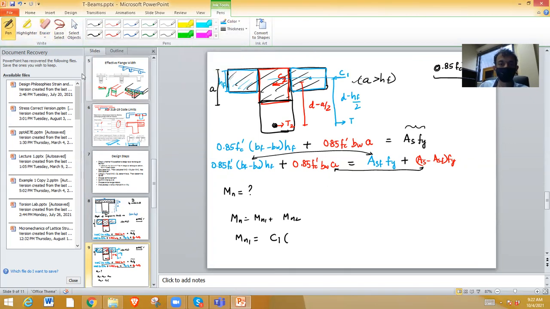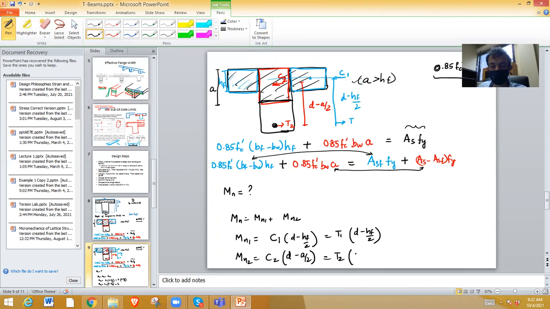So Mn1 is C1 times (D minus HF by 2), and Mn2 is C2 times (D minus A by 2). Of course, we can also write them using T1 and T2. And what is the total nominal moment capacity? The sum of these two, that is Mn.